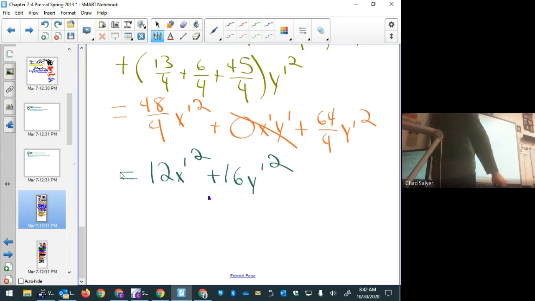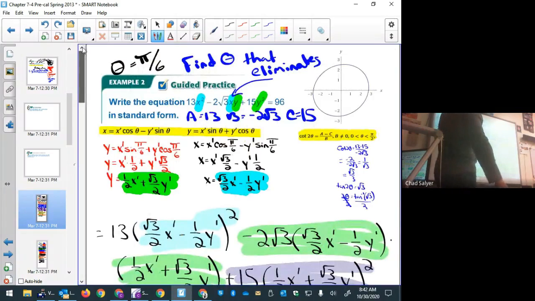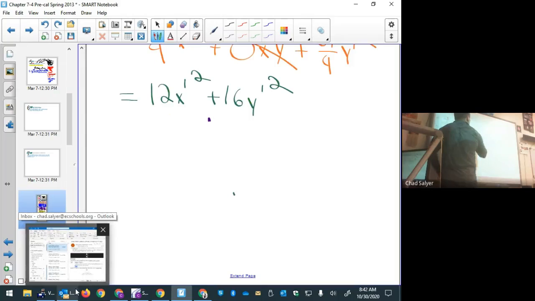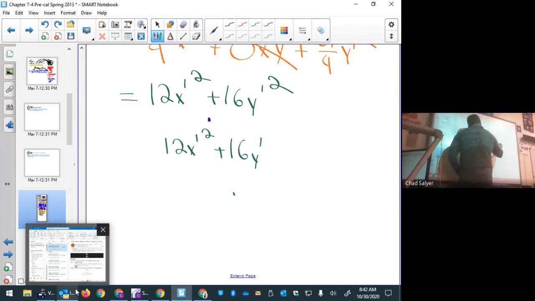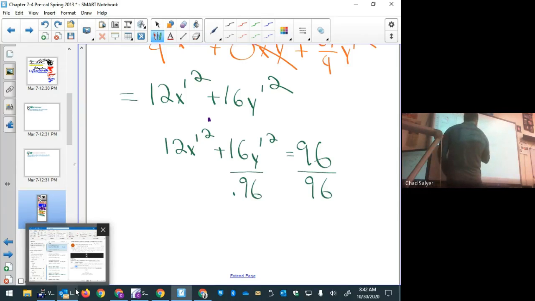Now we're ready to go back. You remember originally this mess was equal to 96. So I'm going to set this now equal to 96, and now I'm going to move it to standard form by dividing away 96.